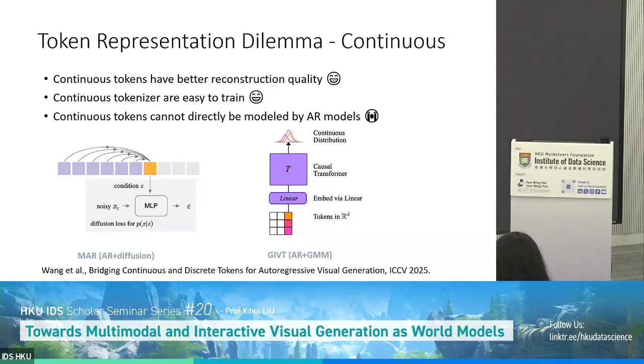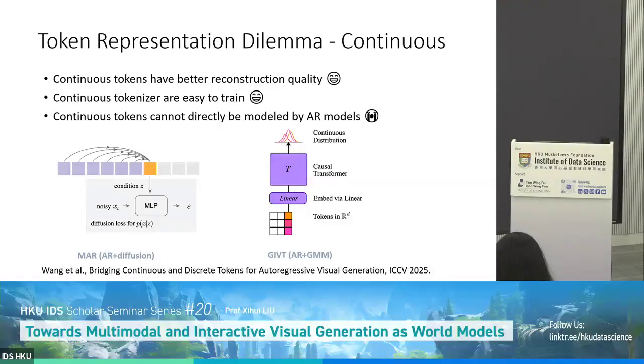For discrete tokenizers with cross entropy loss, it's very easy to sample. But for the continuous tokenizer, if we still use the autoregressive model, then we will need either a diffusion head or a Gaussian mixture to sample from the distribution.